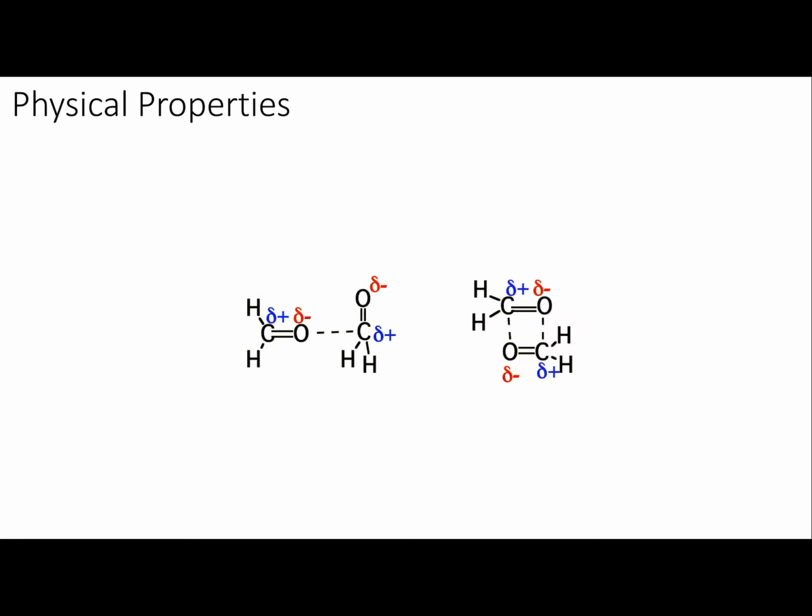In liquid, aldehydes and ketones, so kind of aldehydes here, ketones here. No, I lie. These are all aldehydes. This is all formaldehyde. The simplest aldehyde, right? Just one carbon with two hydrogens on it. There's actually weak intermolecular attractions between these partial positives and the partial negatives on the neighboring molecules.